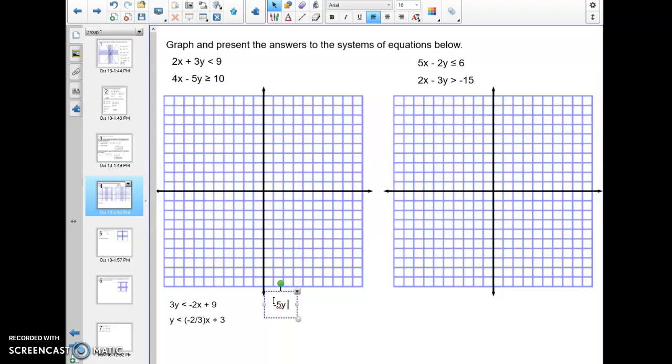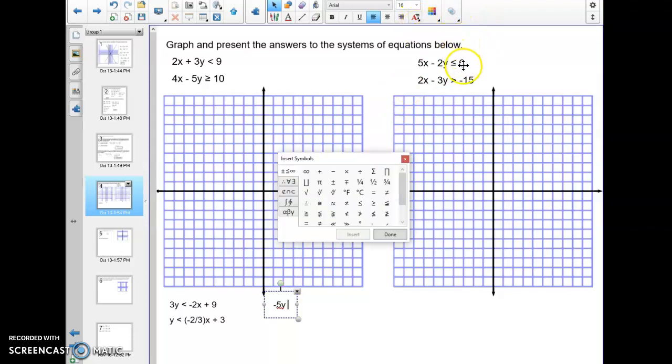We're going to subtract the 4x on both sides. And that becomes greater than or equal to negative 4x plus 10. And then we divide everything by negative 5, so we flip the inequality.